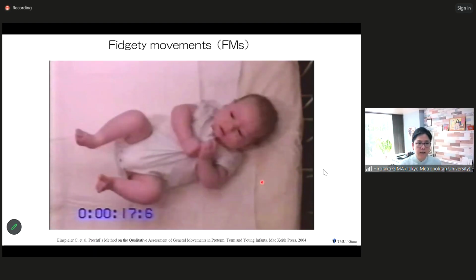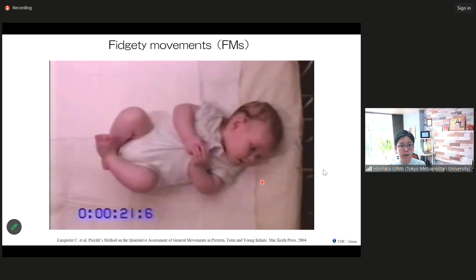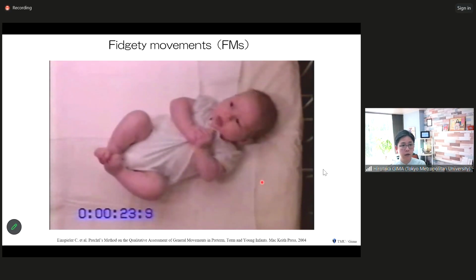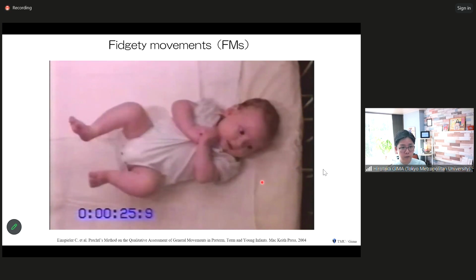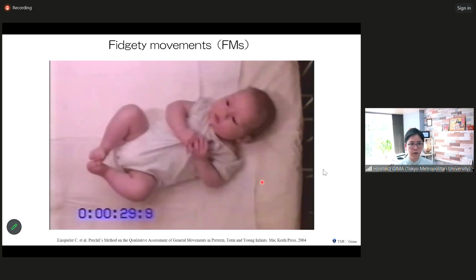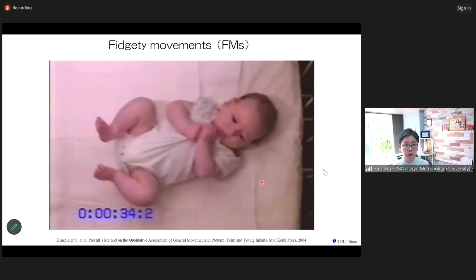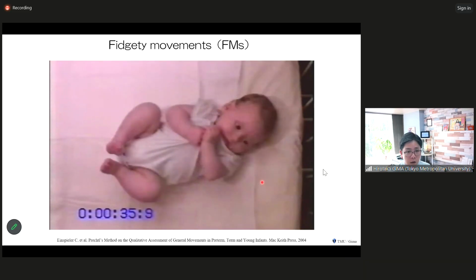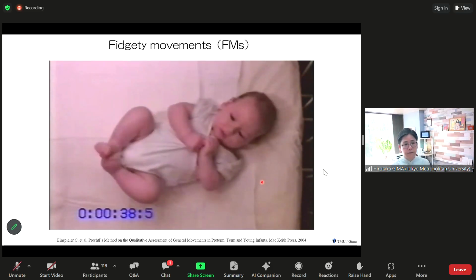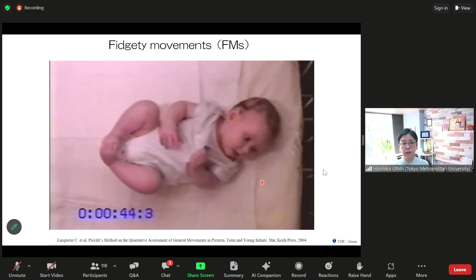Okay, so far I have explained the relationship between GM assessment and later neurodevelopmental outcome. Next, I would like to explain the motor characteristics of general movements concurrently. The slide shows an infant with typical fidgety movements.